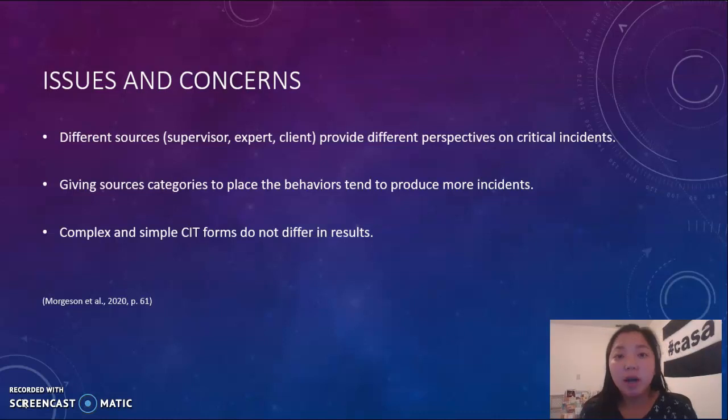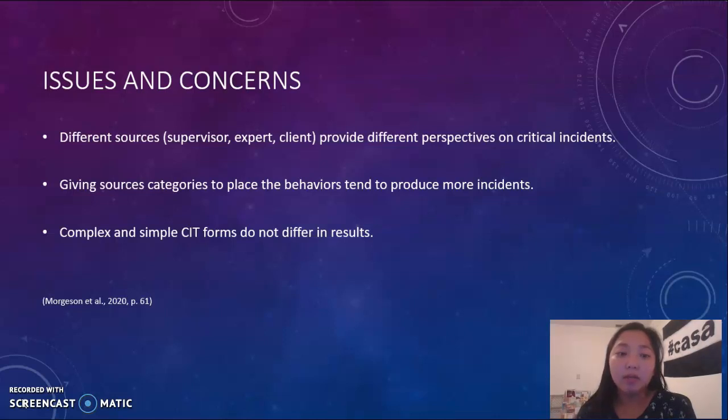Whether it's their supervisor or another analyst or a client working with the employee, they're all going to have a different experience with the worker, and one might give a good performance and another one might say their performance was lacking.